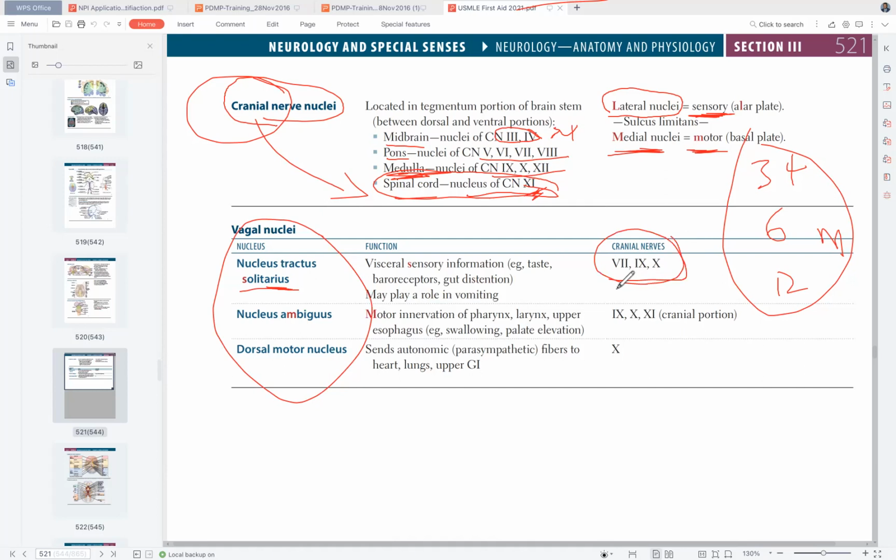It's one big nucleus and they come from different parts of it. The nucleus ambiguus is also the same, and the dorsal motor nucleus is cranial nerve 10.